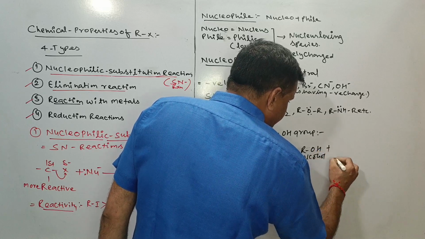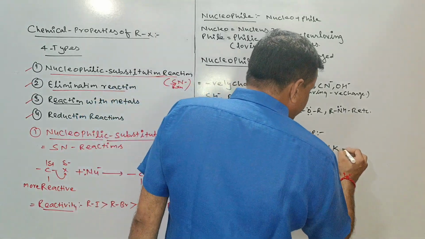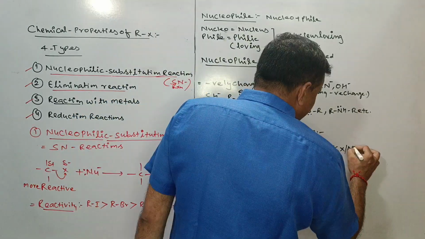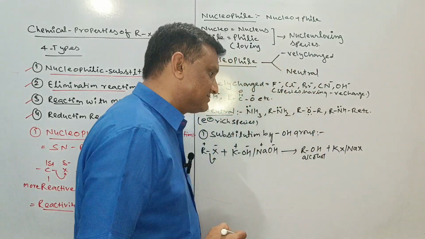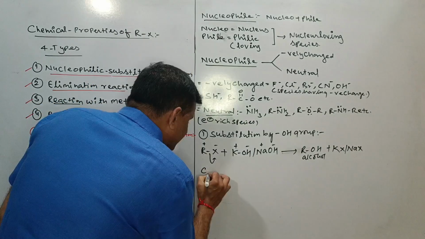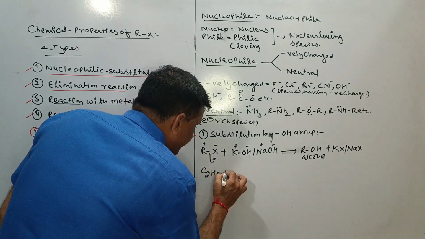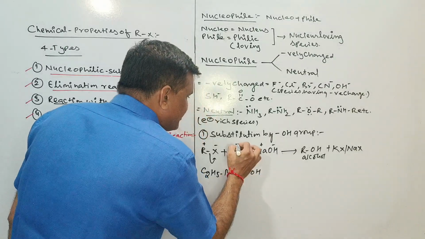If you take KOH, then there will be formation of KX, and if you take NaOH, then there will be formation of NaX. So this was the first reaction. If we take an example, this is C2H5Br and this is your KOH, which should be aqueous.